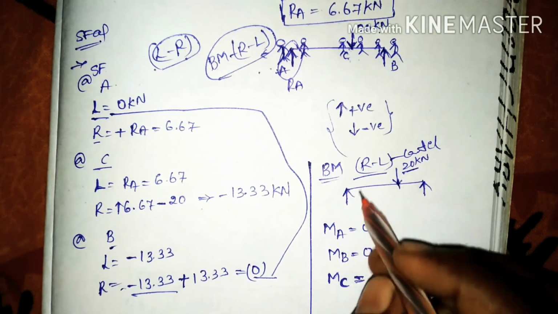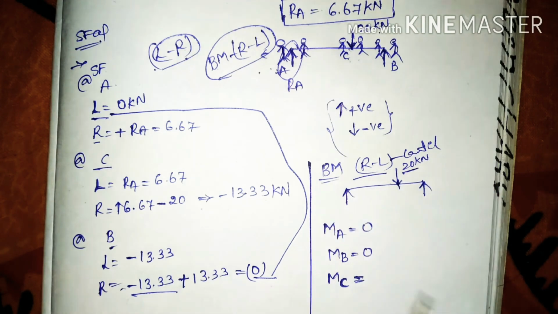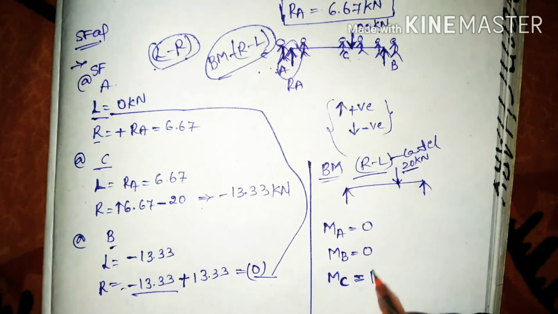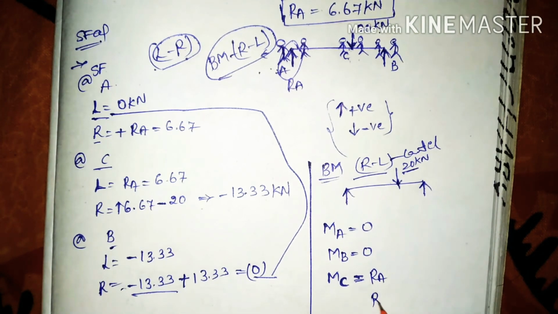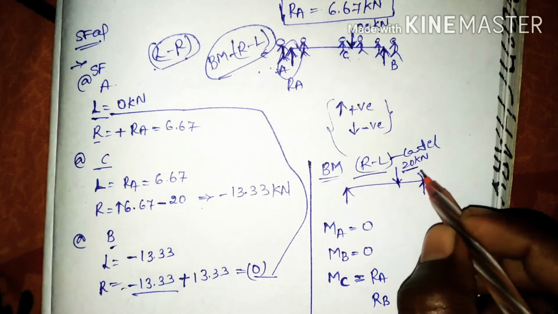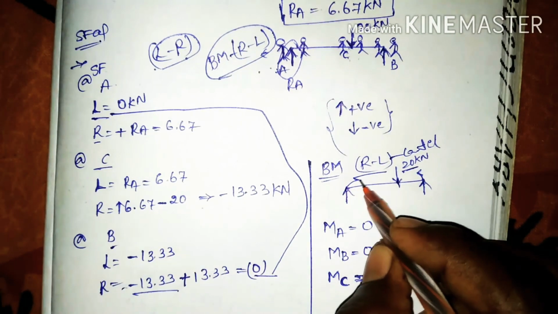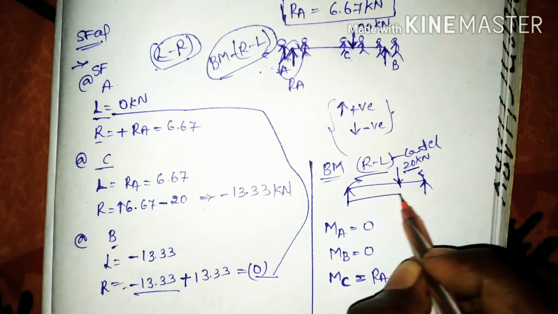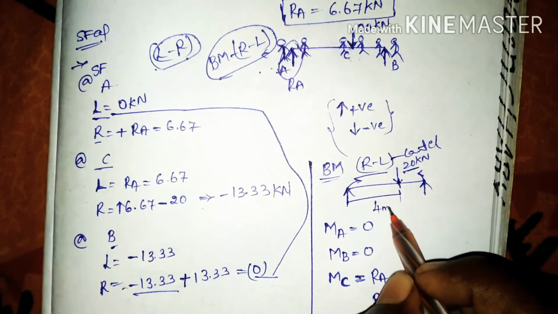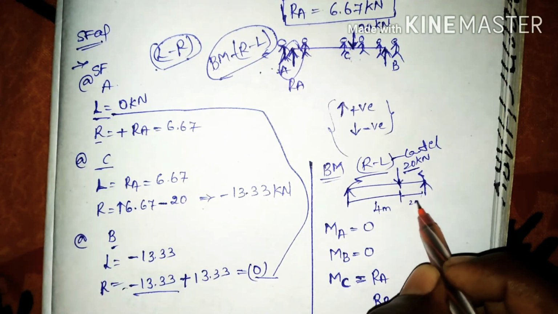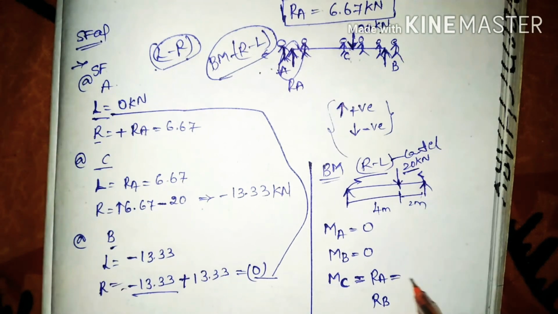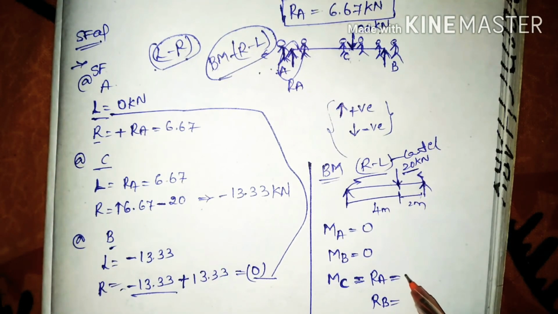Thereafter, we have two equations that we can take from RA or from RB, either in this direction or this direction, with a perpendicular distance of 4 meters, and this is also 2 meters. We can take both values and get the same value.